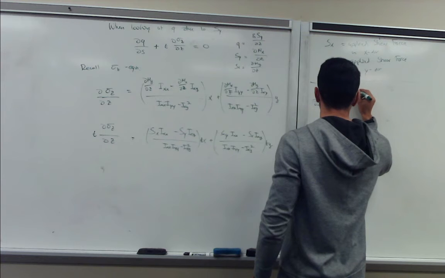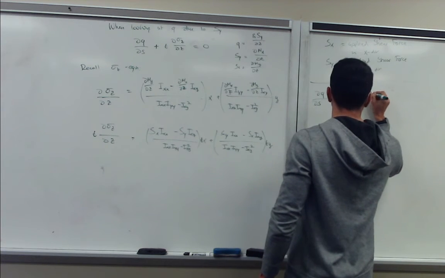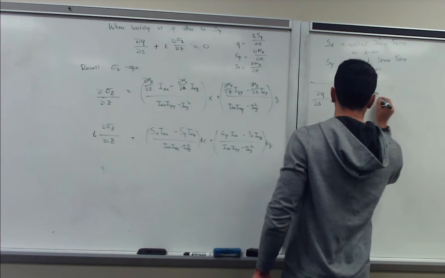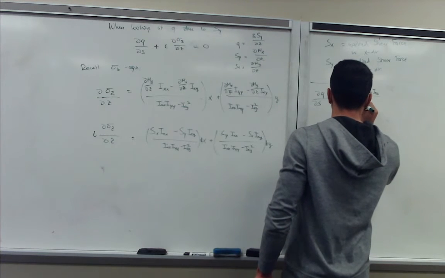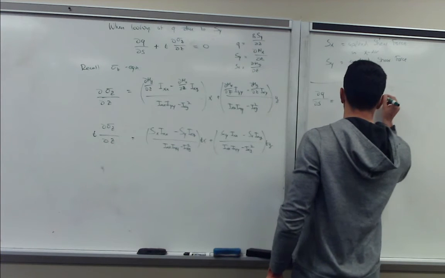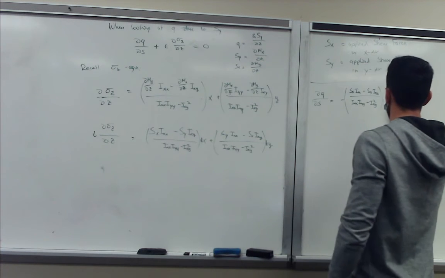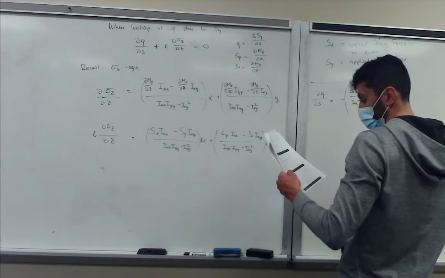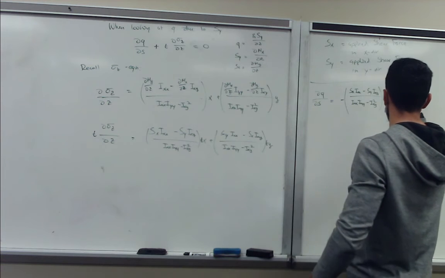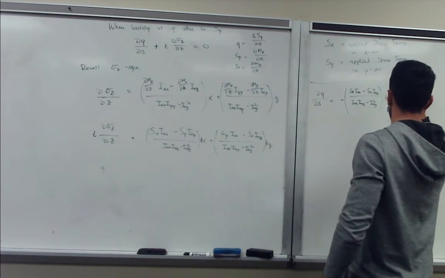Sx Ixx minus Sy Ixy over Ixx Iyy minus Ixy squared, t x, plus, let's keep that in minus, so this minus becomes Iyy.